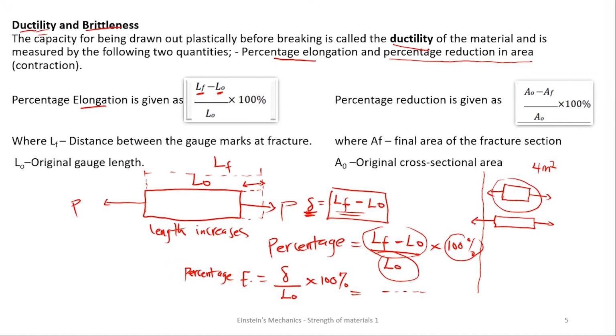The area automatically is going to decrease to maybe 3 meter square because we are stretching it. Remember, a tensile force was used. So the area is no longer going to be the same. So that's why we use the initial. The initial area is going to be greater than the final area.